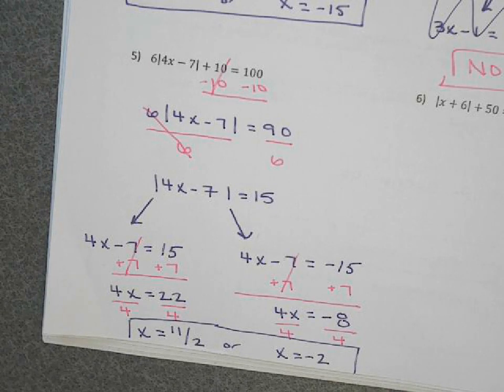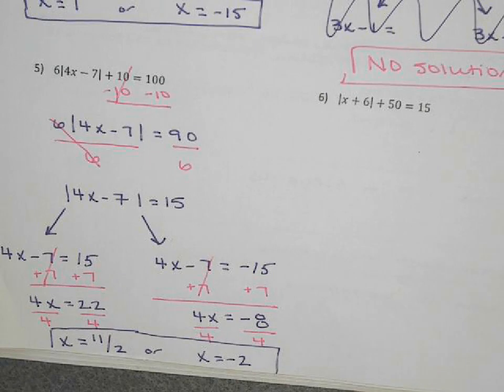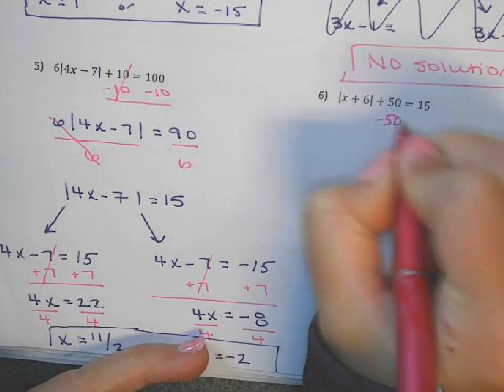So there you go. Last one. What am I going to do in this last one? What's my first step going to be? Subtract the 50, because we have to get the absolute value bars alone.